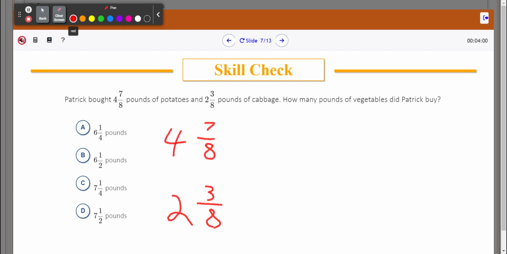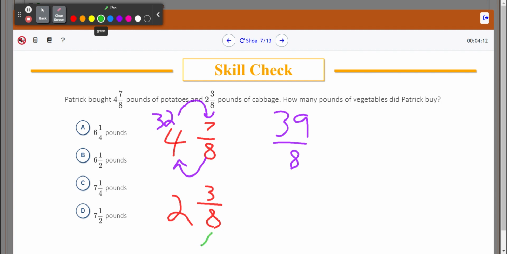We'll do the first number. 8 times 4 is 32. 32 plus 7 is 39. So we get 39 over 8. I'm going to do the same thing to the second. 8 times 2 is 16. 16 plus 3 is 19. I've got 19 over 8.